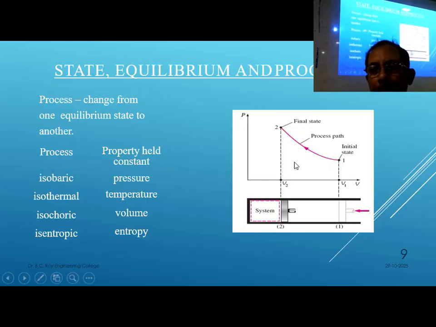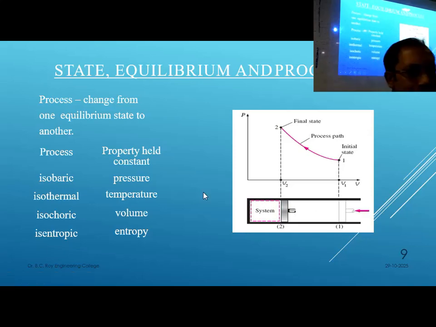Okay. Now, final state and initial state. Suppose some expansion process is going on. This is the system. Here is the lead. Now, you pull the lead or push the lead from here to here. We are actually doing some change.